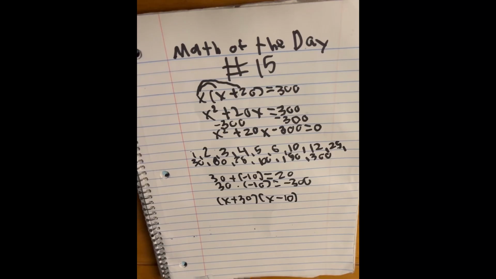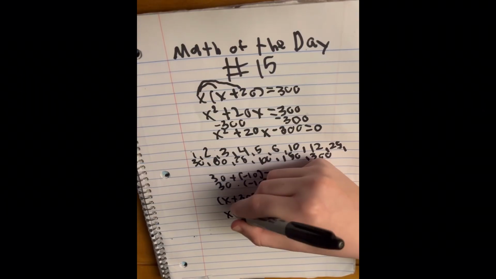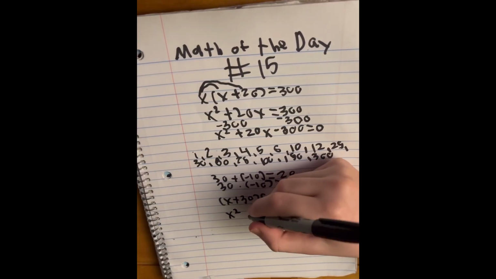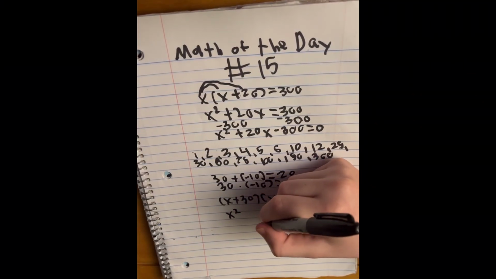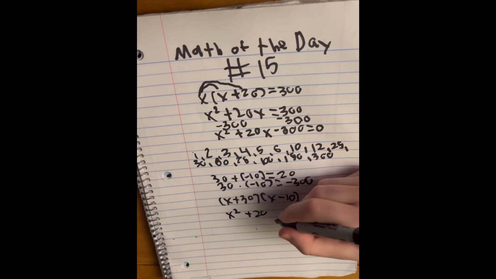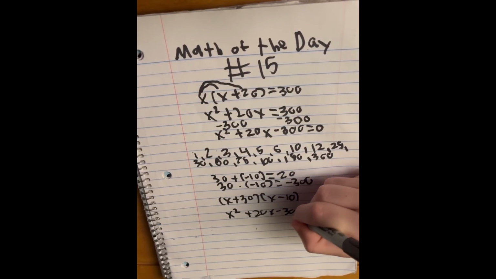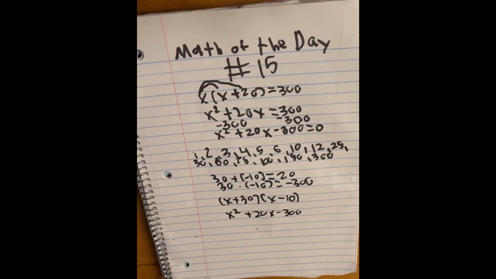Now we can check that this is correct by distributing this out. If you want to learn this method, go to Math of the Day number 1 on foiling. To rework this out, we get x squared plus 20x minus 300, which you can see is the same as before.